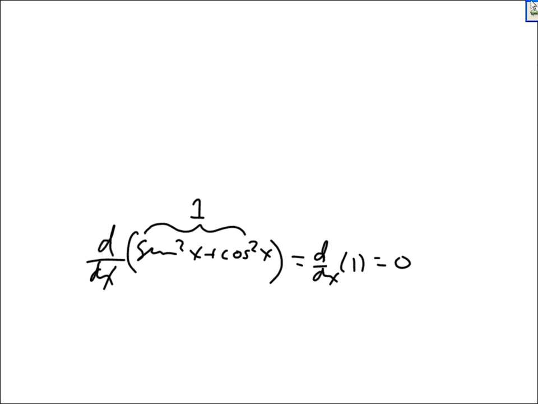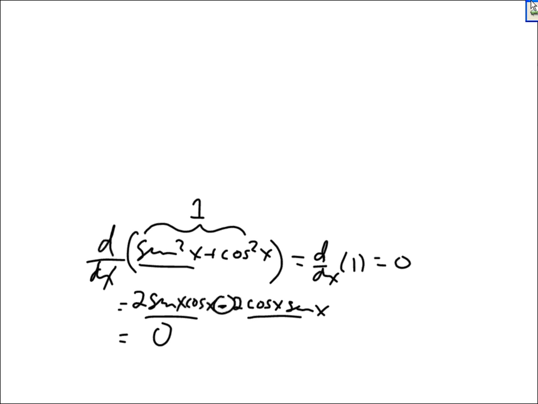Rather than saying the derivative of this is 2 sine x cosine x plus 2 cosine x times the derivative of cosine x, which is minus sine x, and say, oh, this and this are the same, I'm subtracting 0. I'd rather just jump right to it, whether I can immediately say it's 0 or 17.